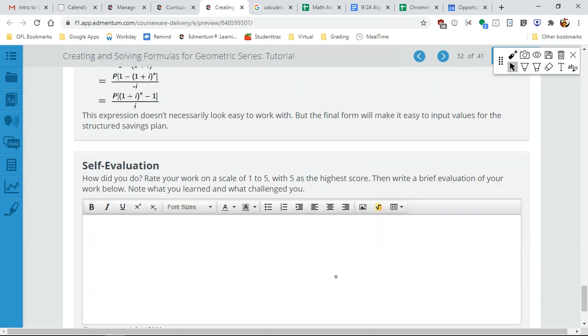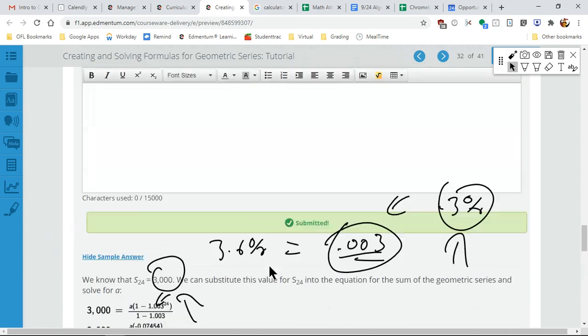Self-evaluation for this, I would put me at a 2. Edmentum did not write the problems in a way I could understand. Oh, not equations, problems. Their equations were fine. I like how they give out the equations, but the problems are wrong.